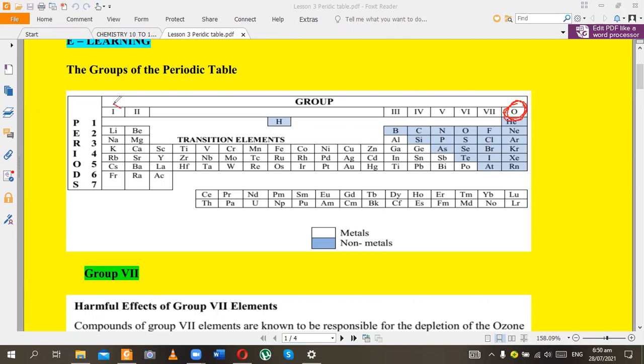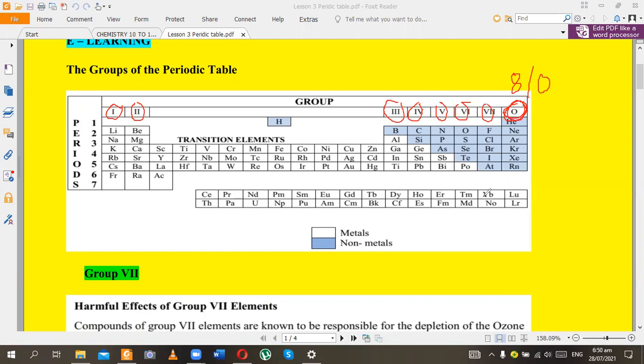Look here, group 1. Here, group 2, we jump this D block, we go to group 3, group 4, group 5, 6, 7. Now, instead of having group 8, we go back to group O. Isn't that strange, friends?